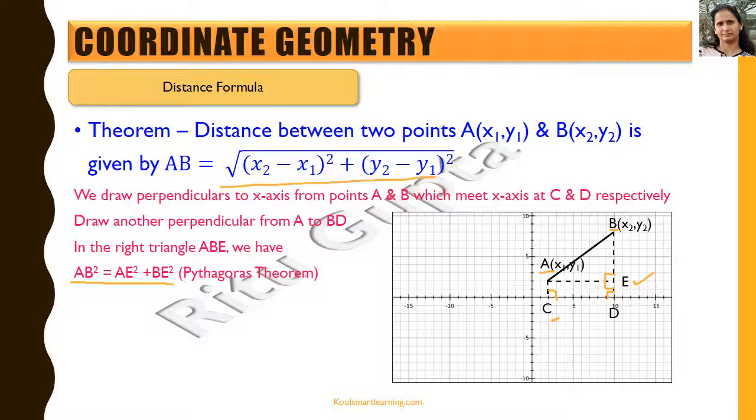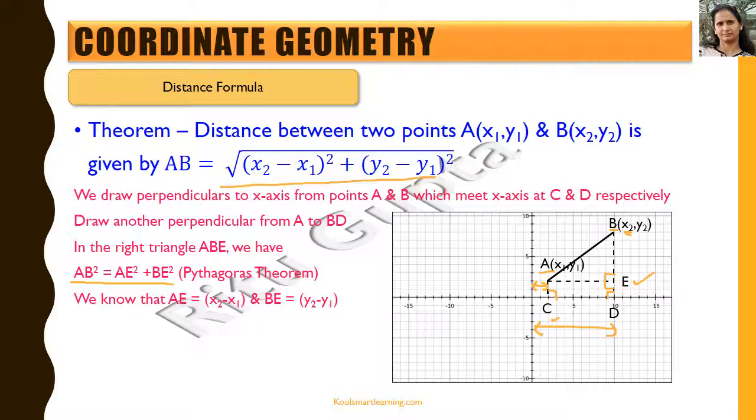So what is AE? AE is nothing but the distance of point E from the y-axis minus the distance of point A from the y-axis. Now the distance of point E from the y-axis is x2, which is the same as the distance of point B from the y-axis.